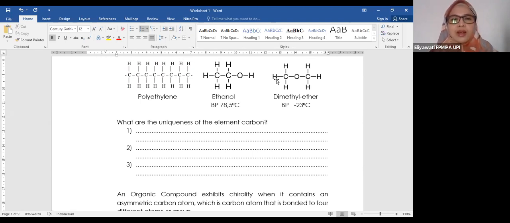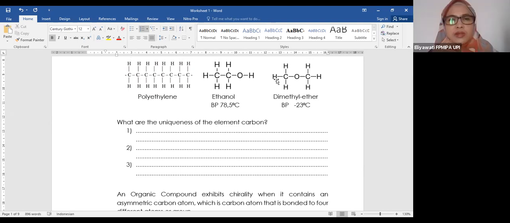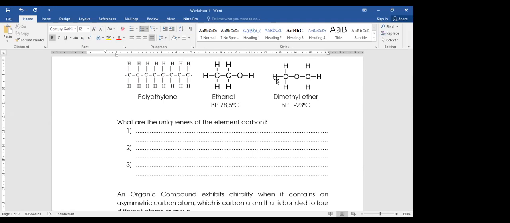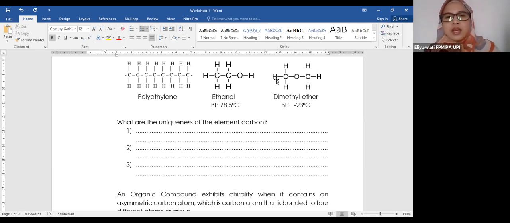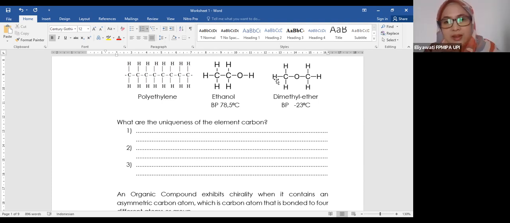So what are the uniqueness after you see the structures? Form a covalent bonding, Miss. Yes, very good. First, it can form covalent bonding.